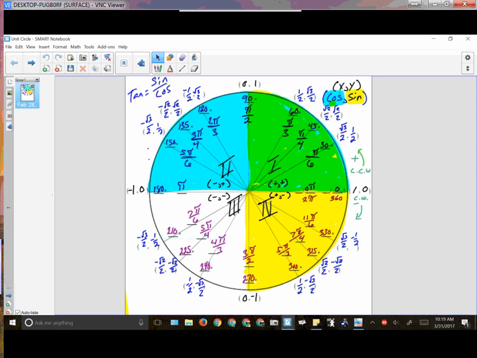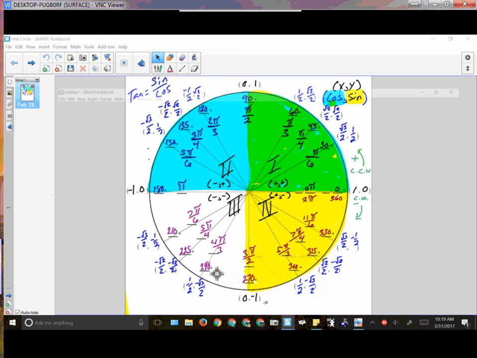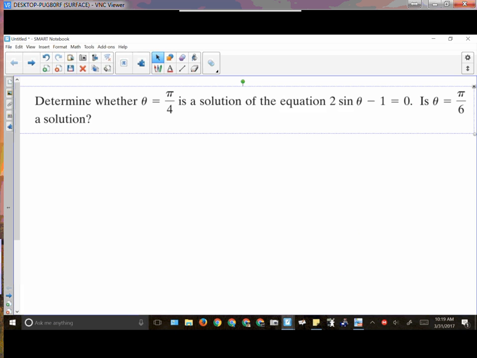So as I'm looking at this here, we are supposed to determine whether or not pi over 4 is a solution to 2 sine theta minus 1 equals 0. Can I go through and use our regular algebra to help solve this?